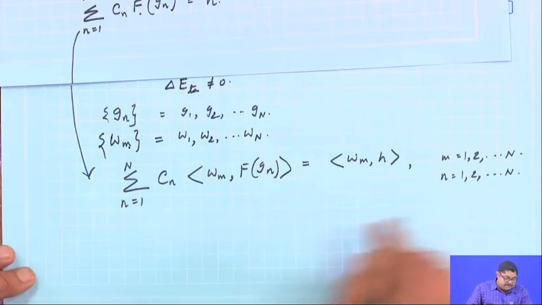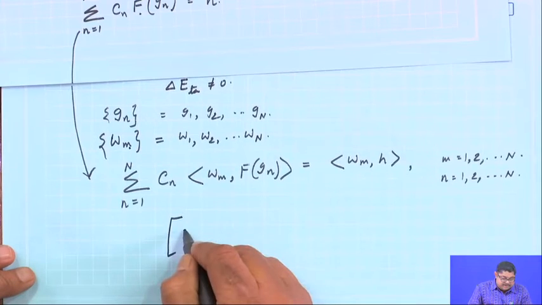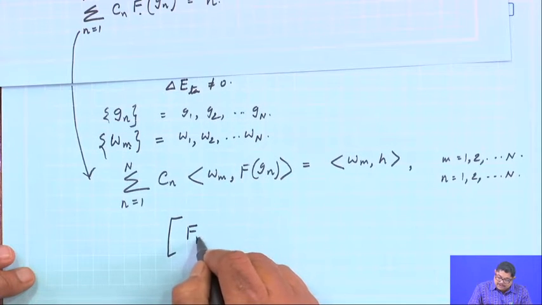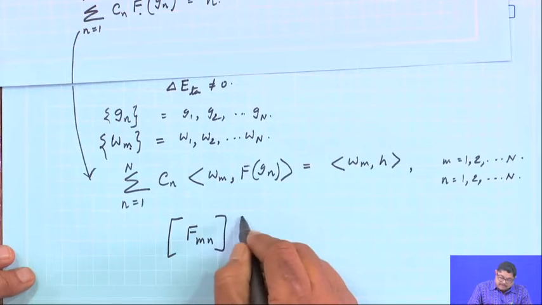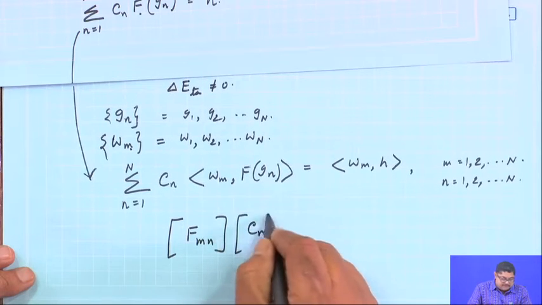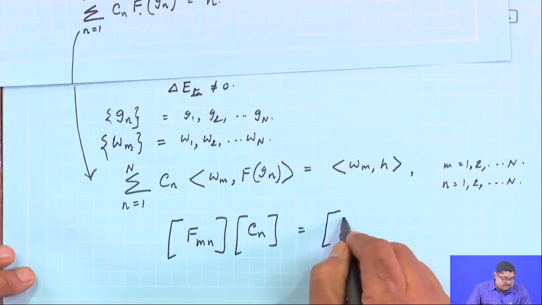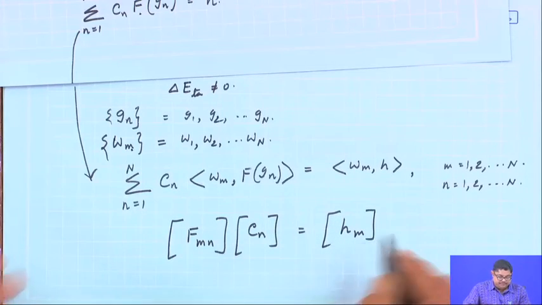This can be written in matrix form as F mn C n is equal to H m.